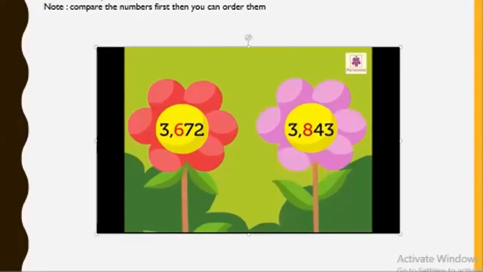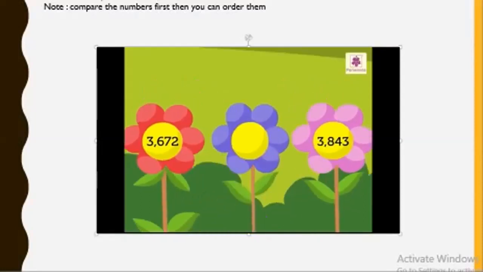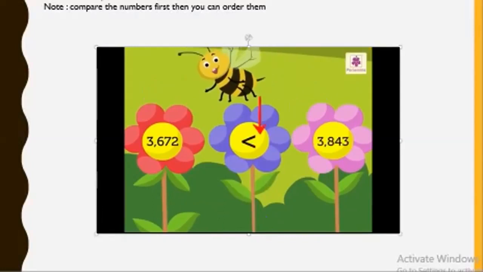The digits are different here. Here 6 is smaller than 8. So the number 3,672 is smaller than the number 3,843. You already know the open side of the sign always points towards the greater number. The closed side of the sign always points towards the smaller number.